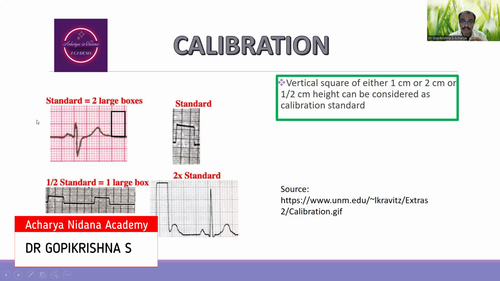If it is half standard, it will have one large box, and 2x means it has 4 large boxes. Most ECG recordings have a calibration of 1 centimeter height, or two large boxes. This will be present at the beginning of the electrocardiographic recording.